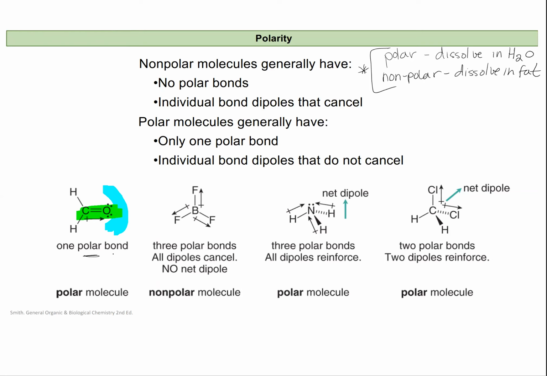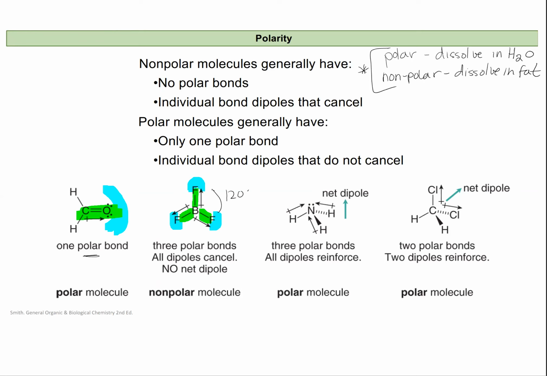If I had something like boron trifluoride, then I actually have 3 polar bonds. And I'm going to have electron density from each of these bonds disproportionately at the fluorines. So while I have these polar bonds, this disproportionate collection of electrons around the fluorines is evenly spaced out 120 degrees apart from one another.